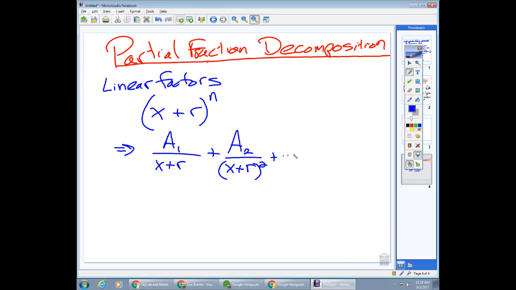And then however big n is, you just keep going with constants in the top, an over x plus r to the n. So that's if you have linear factors in the bottom. If you have quadratic factors in the bottom, oops, I want to switch colors.